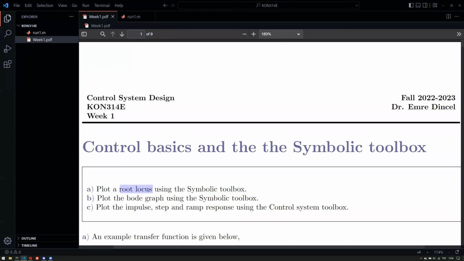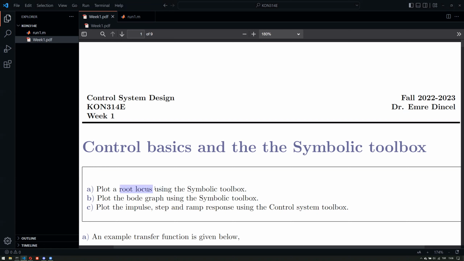And the next thing would be the Bode plot, which is also used a lot in control system design. We will also look at the impulse, step and ramp responses of a transfer function and how we can easily simulate them using the control system toolbox. Now, let's head directly to the tasks of today.